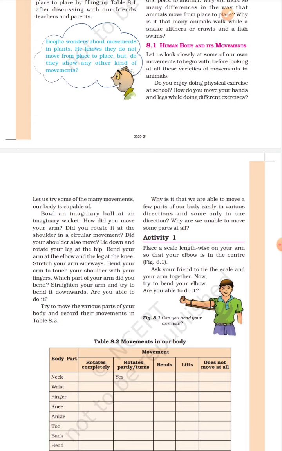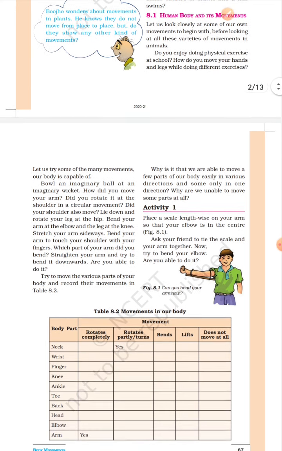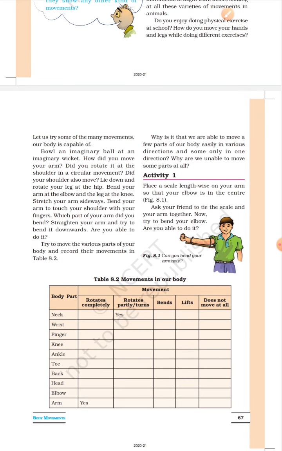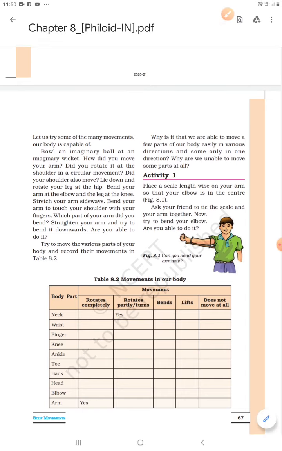In our body there are different joints. You can see in this table, neck. In our body part which is neck, we can rotate the neck. Can we rotate it completely, 360 degrees? If your answer is yes, you have to write here yes, rotates completely.